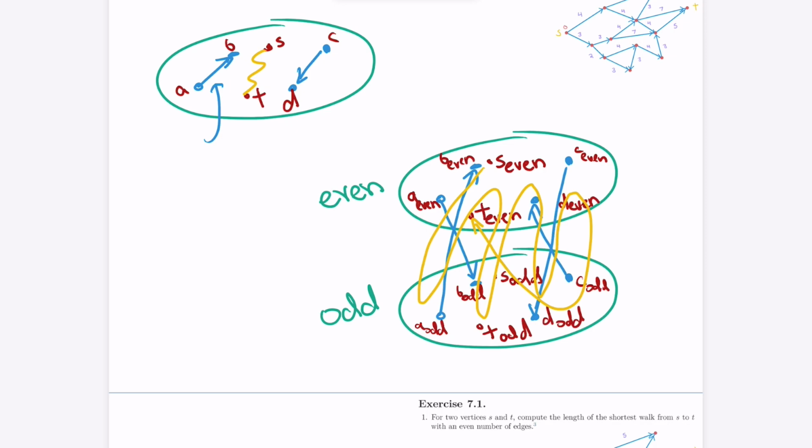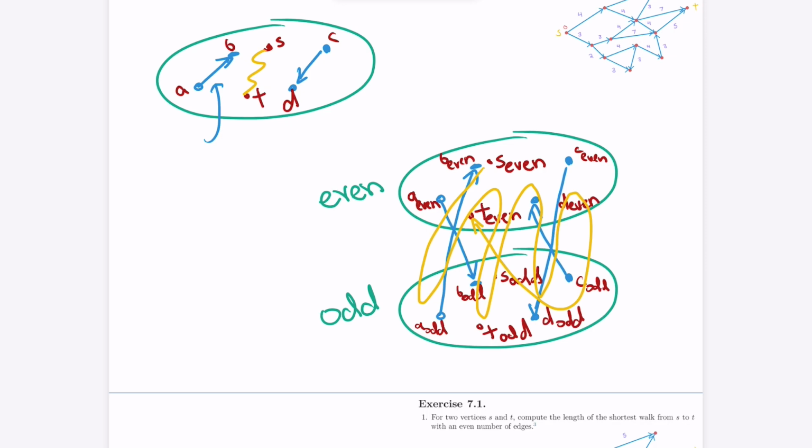If I can go from S even to T even, then I can look at the underlying edges and get an even length path in the graph. So the shortest path from S even to T even in the auxiliary graph is the shortest even length path in the original graph. Once I establish this mapping, these paths are these paths with that property.